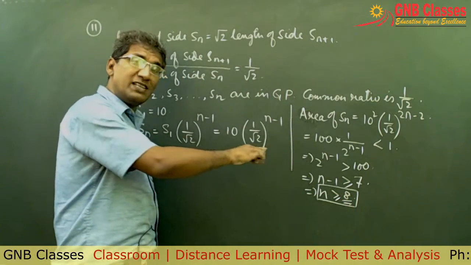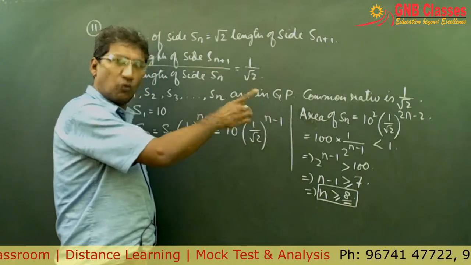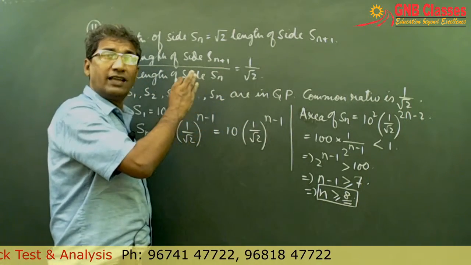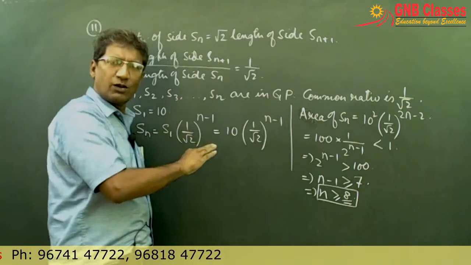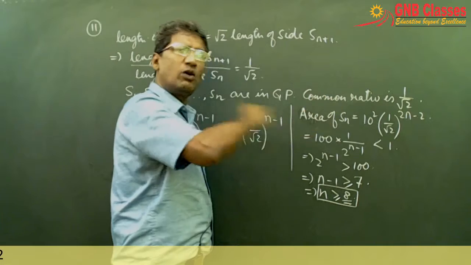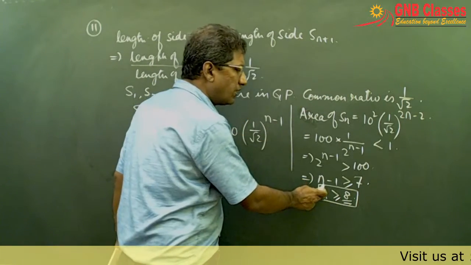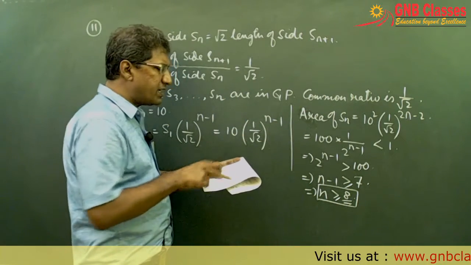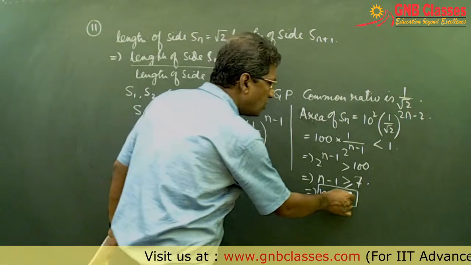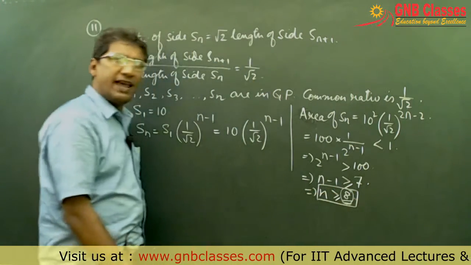For n greater than or equal to 8, the condition they have given, that the area of the square Sn will be less than 1 square centimeter, is satisfied. So if n is 9, 10, 11, 12, whatever, but in this problem, since all the given values are less than 8, your answer in this case will be 8.